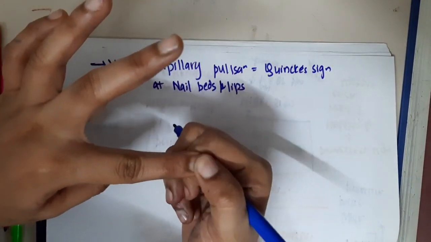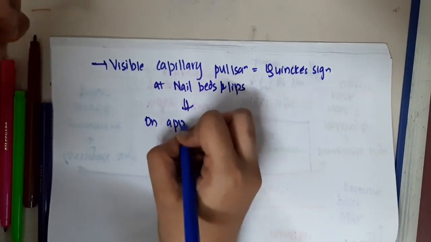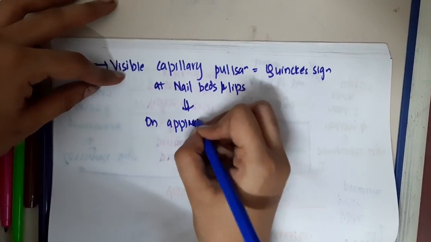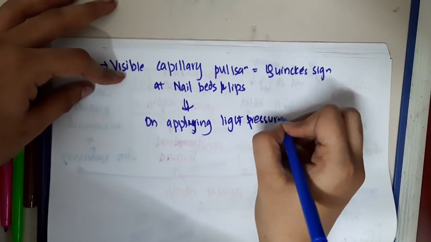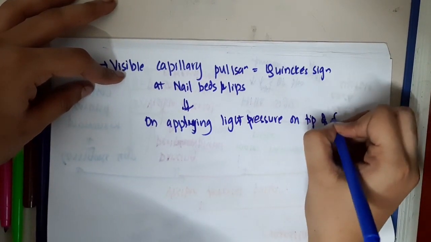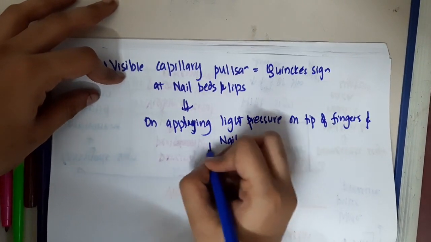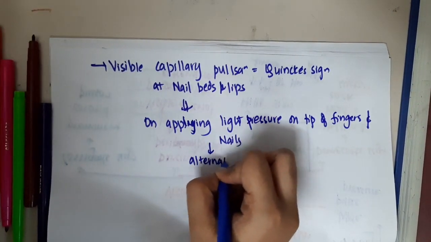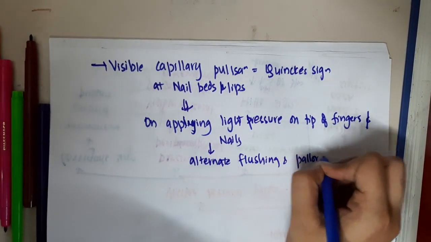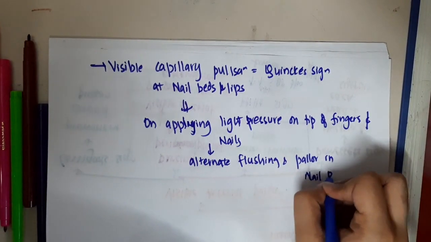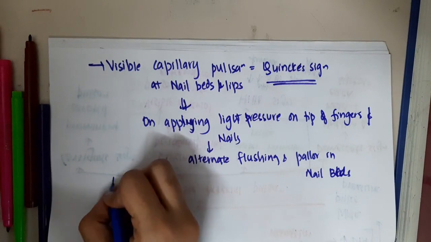If you apply light pressure on the tip of the fingers or nails, this will result in alternate flushing and pallor in the nail beds. This is Quincke's sign.